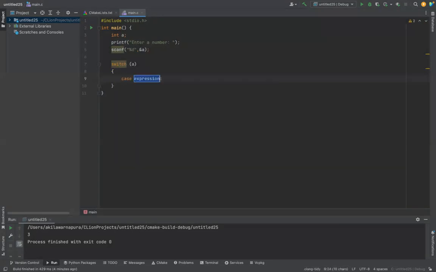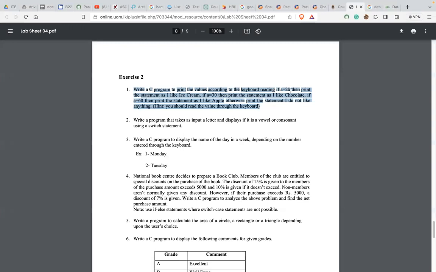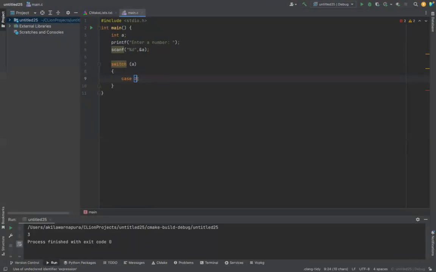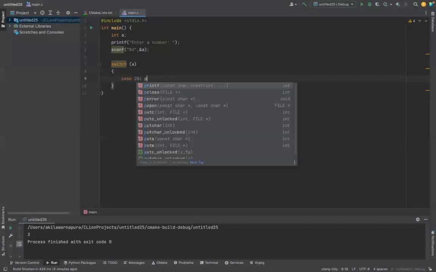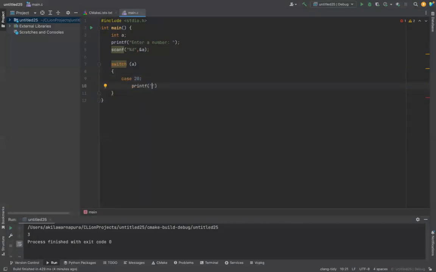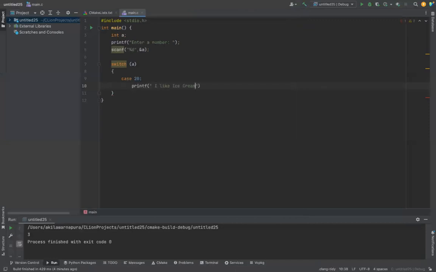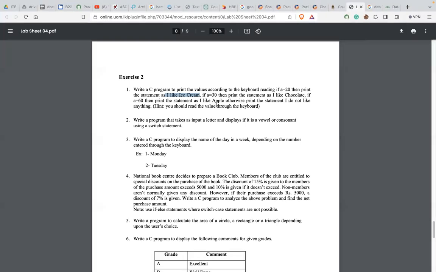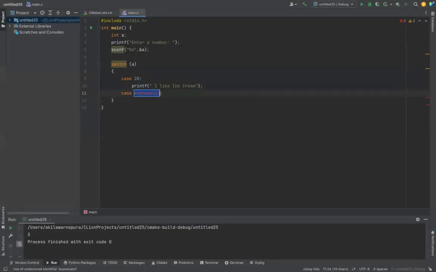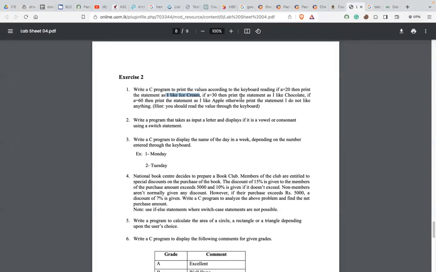Now case, what is the first one? Case is 20. Then in case 20, you can say printf, I like ice cream. Next case is 30: printf, I like chocolate.